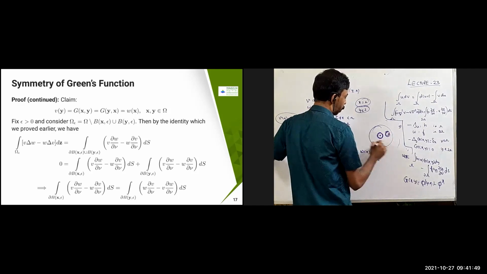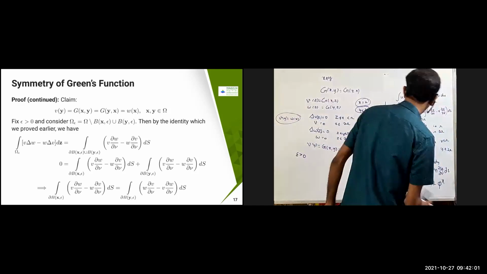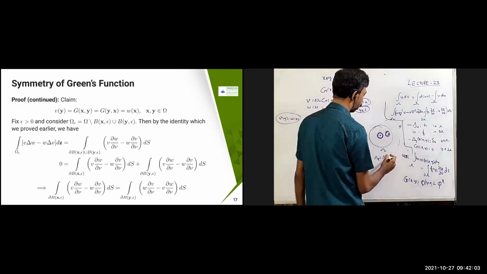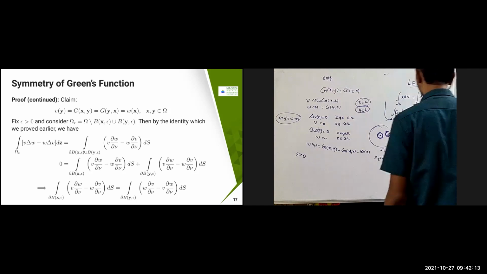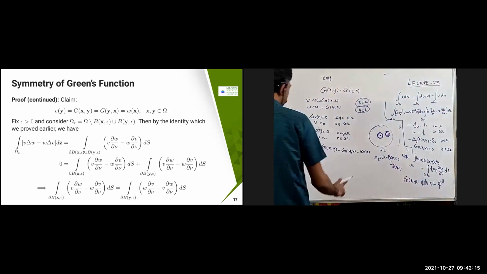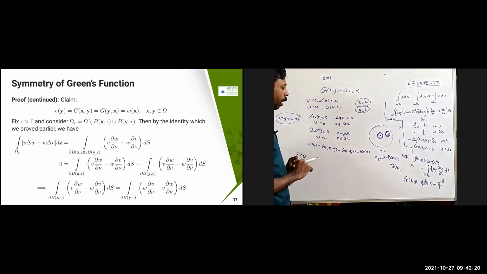The remaining part I'm going to take, so that is omega minus b of x comma epsilon union b of y comma epsilon. This is going to be my domain, for which I'm going to obtain the values as I did in the last theorem. Same thing we are going to do, and then we are going to obtain the same kind of results.